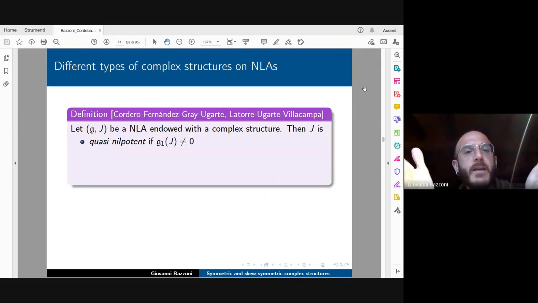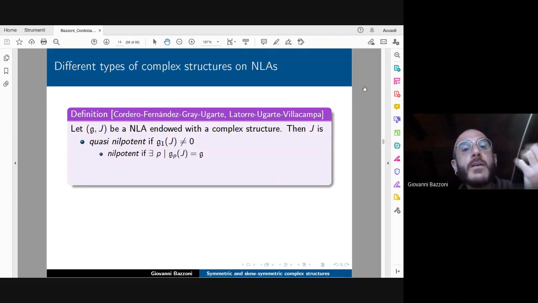So if you're given a nilpotent Lie algebra with a complex structure, you call J quasi-nilpotent if this adapted ascending central series starts. So if G1 of J is non-zero, okay? It doesn't need to, but if it's different from 0, then you call the complex structure quasi-nilpotent, and you actually call it nilpotent if there exists a P such that after iterating this construction P times, you actually obtain again the whole Lie algebra.